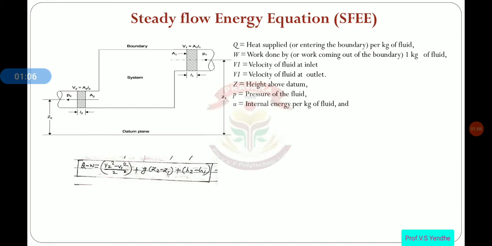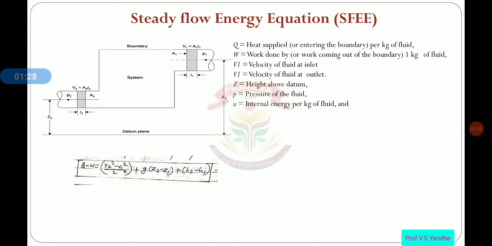This is a typical schematic of an open system. In this type of system, both mass as well as energy can transfer across the boundaries. That's why this system is known as an open system.